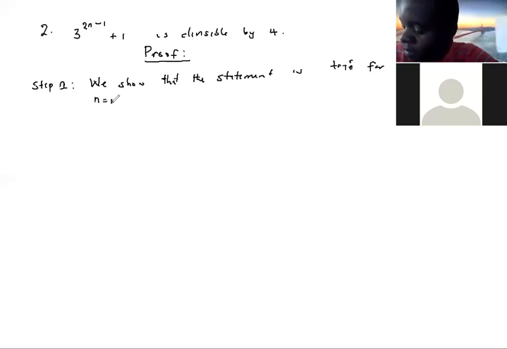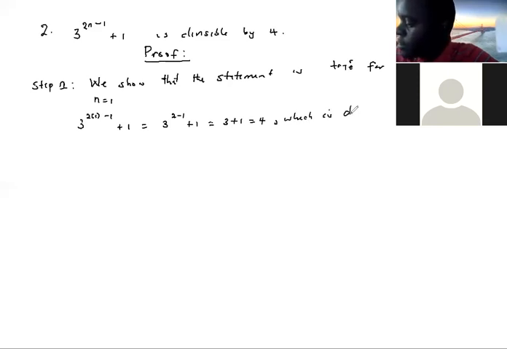So let's see. 3^(2 times 1 minus 1) plus 1. That becomes 3^(2 minus 1) plus 1, which is 3 plus 1, which is 4, which is divisible by 4. Hence shown.